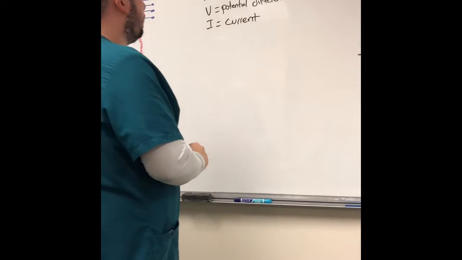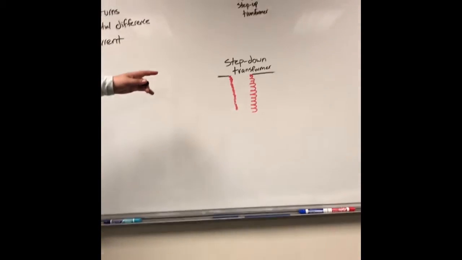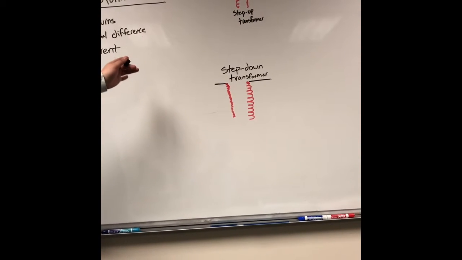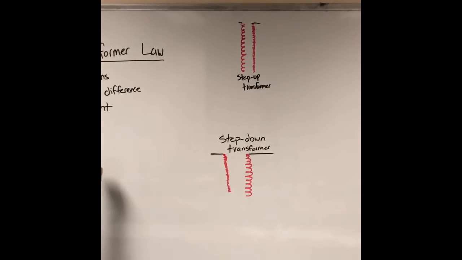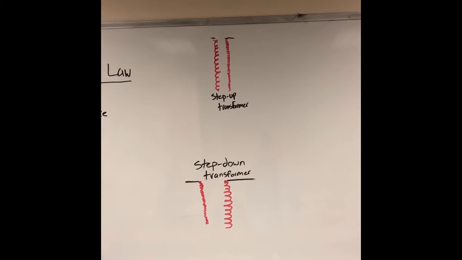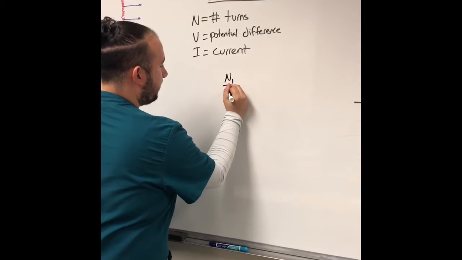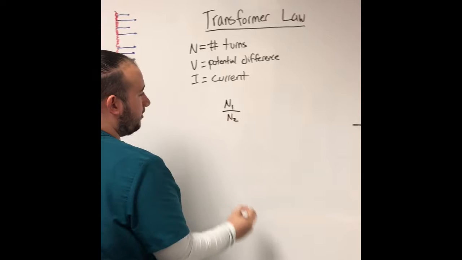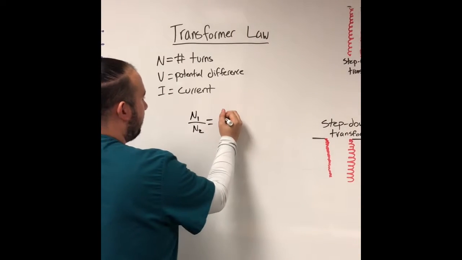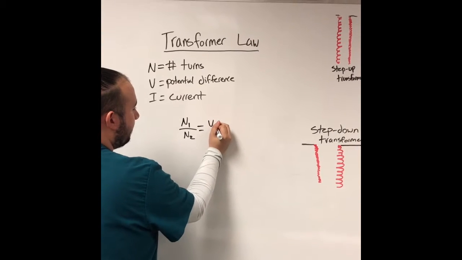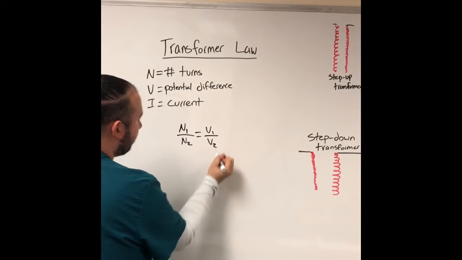Okay, and with this, we can understand why a step-up transformer and a step-down transformer either steps up the voltage or steps down the voltage based off of these three formulas right here. We have the number of turns in the primary over the number of turns in the secondary is equal to, or directly proportional to, the potential difference in the primary over the potential difference in the secondary.